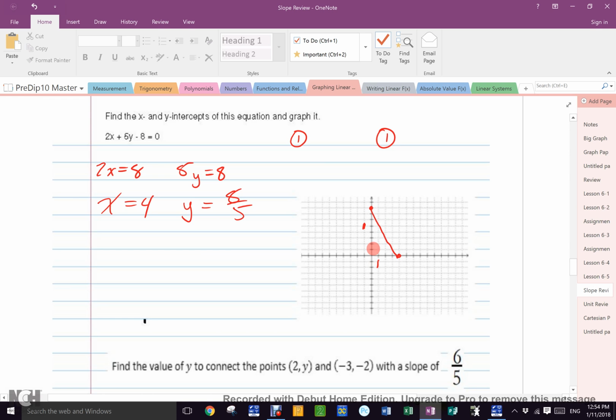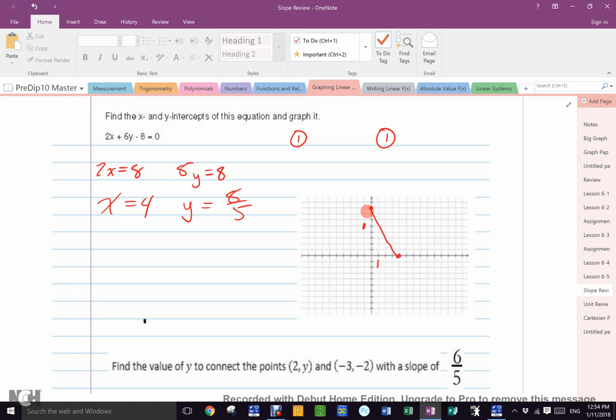When you're graphing the first way for the y, I made each square worth 1/5. And then I went up to 8/5. Everybody understand what I did there?